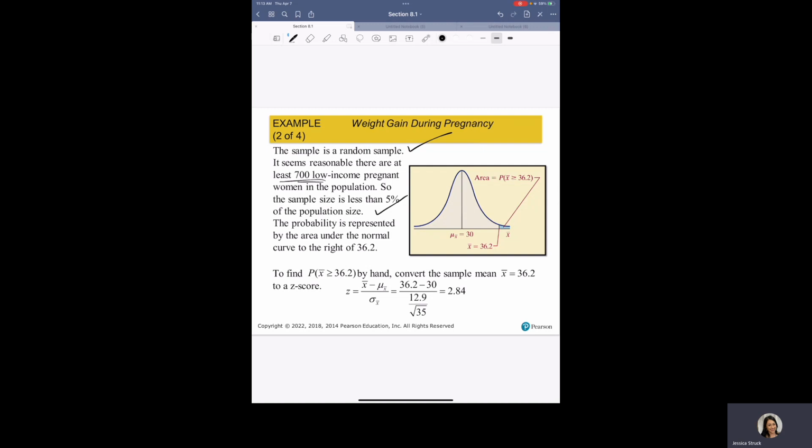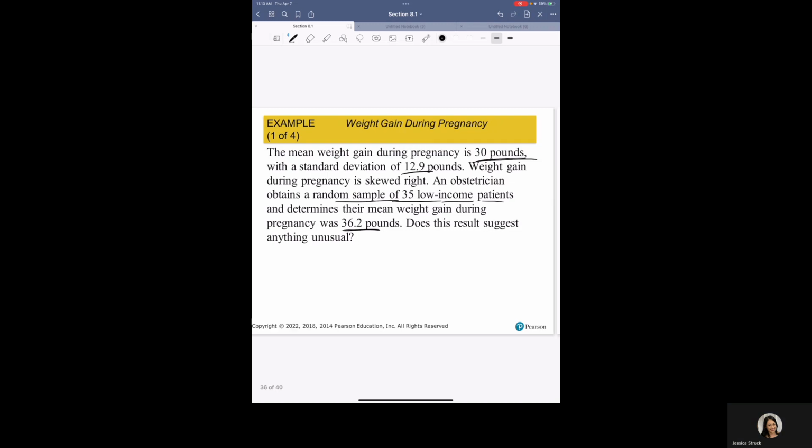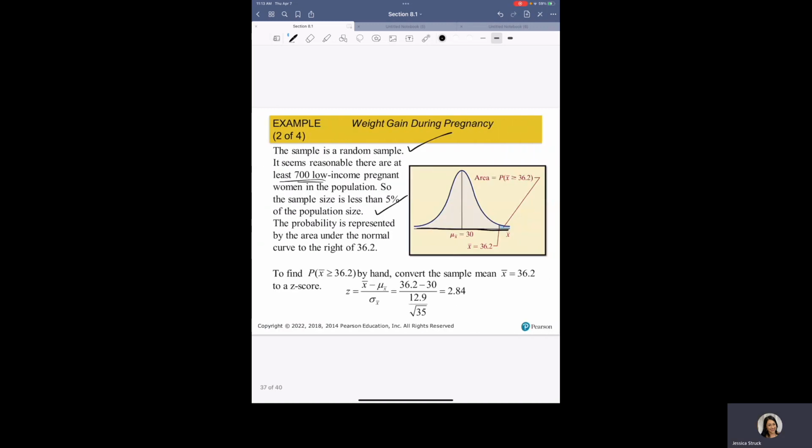So let's represent this probability with this curve here. And let's see what we were asked again: 36.2 pounds. The given mean for the population is 30, and 36.2 pounds would be here.